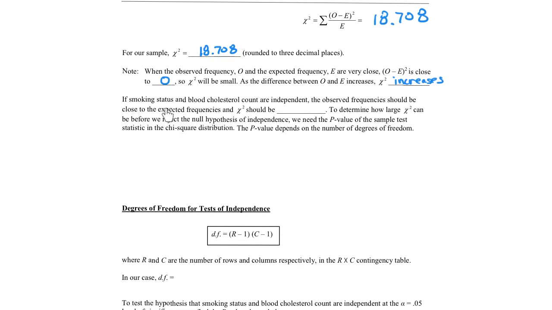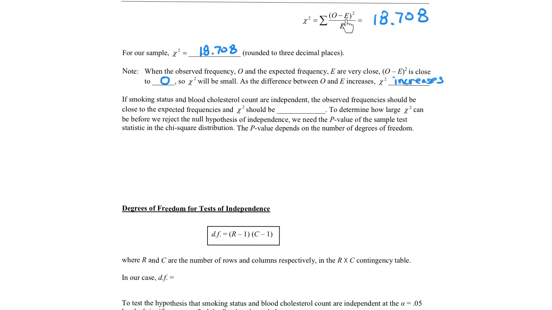So if smoking status and blood cholesterol count are independent, the observed frequencies should be close to the expected frequencies. Because remember, we were finding these expected frequencies based on those two variables being independent, right? We found this based on them being independent.